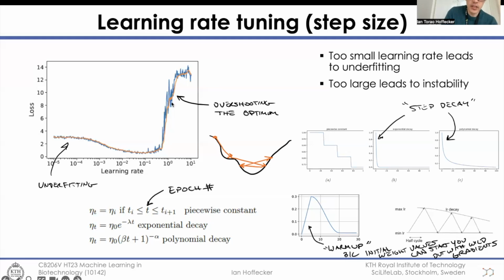And then you also have this exploding region here of large step sizes where the model is not performing well, basically because you're overshooting the optimum. So if we imagine a loss landscape here, we're taking steps that, rather than settling into this basin, are just kind of bouncing back and forth here, unable to really land where they ought to.